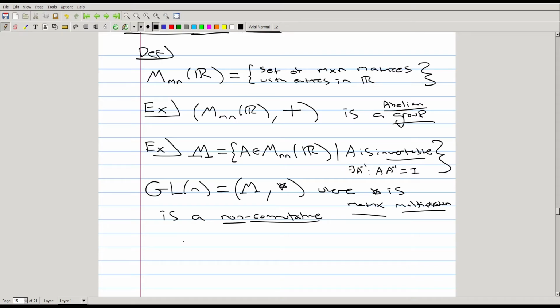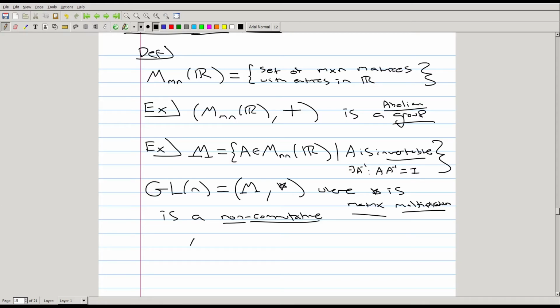It's possible to go through and show that matrix multiplication is associative, and because of our definition of M here, we have that an inverse for any element A always exists. The identity element of this group is the identity matrix itself.